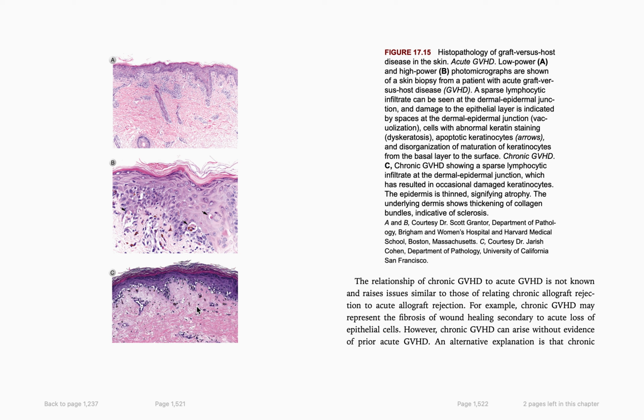The relationship of chronic GVHD to acute GVHD is not known and raises issues similar to those of relating chronic allograft rejection to acute allograft rejection. For example, chronic GVHD may represent the fibrosis of wound healing secondary to acute loss of epithelial cells.